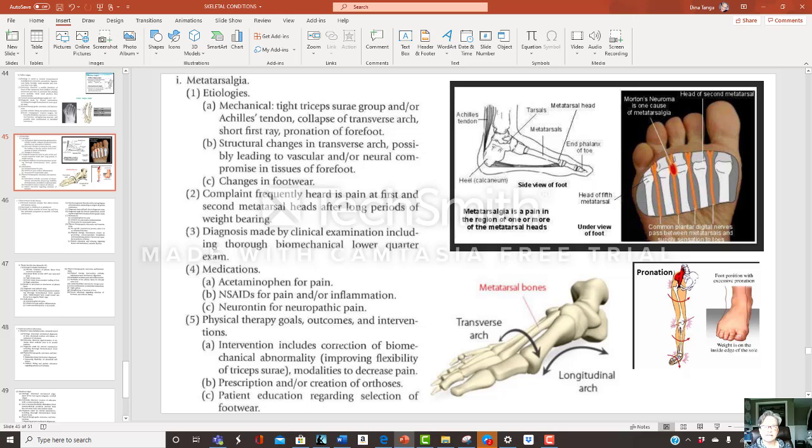Structural changes in the transverse arch, the picture in the bottom, possibly leading to vascular and/or neurocompromise in tissues of the forefoot. A short first ray and pronation of the forefoot. So interventions include correcting the biomechanical abnormality, improving flexibility in the gastroc and soleus, and modalities to decrease pain.